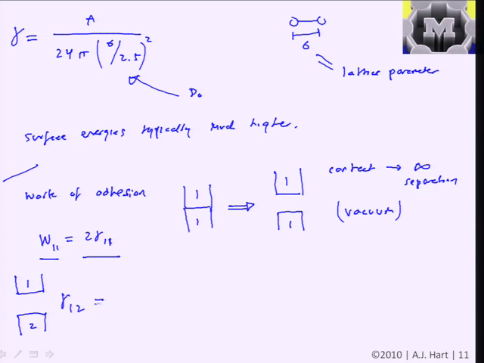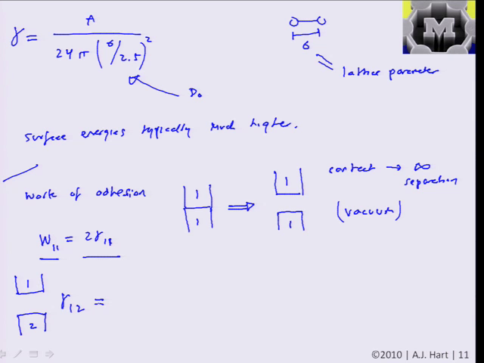Then we can visualize this as taking a block of material 1 and separating it and creating two surfaces of material 1, and then taking a block of material 2 and creating two surfaces of material 2, and then pairing a 1 and a 2 up with each other.